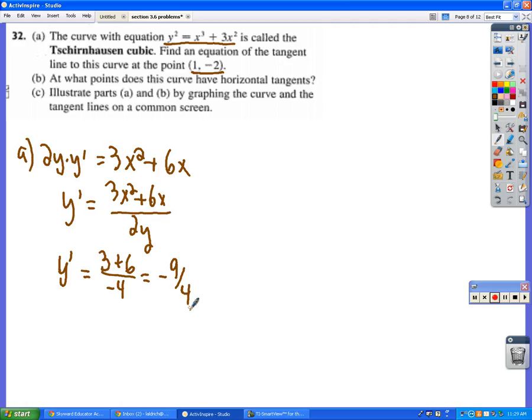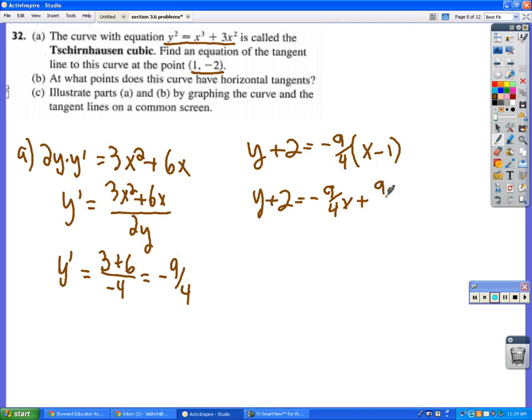So the equation for the tangent line is y plus 2 equals negative 9/4 times x minus 1. So y plus 2 equals negative 9/4 x plus 9/4. So y equals negative 9/4 x plus 1/4.